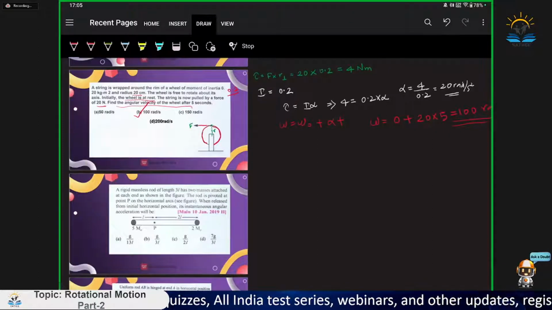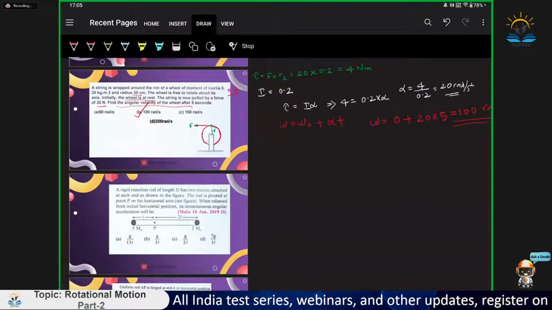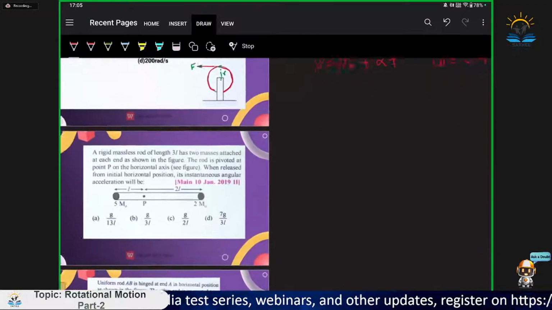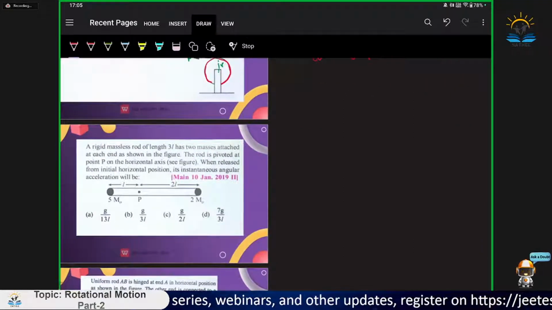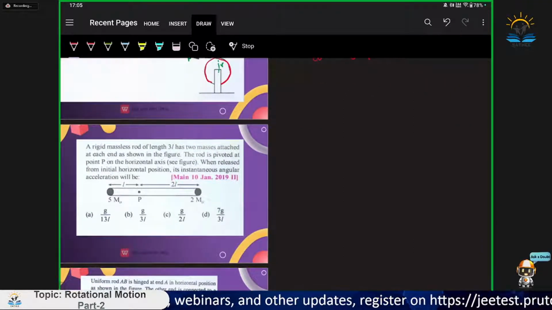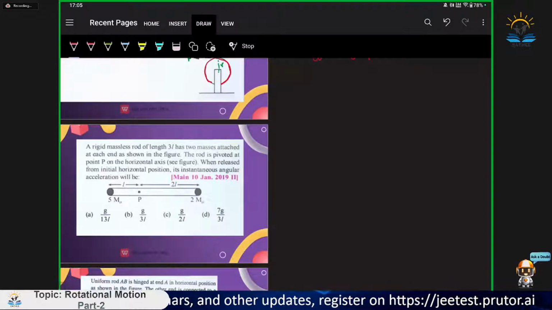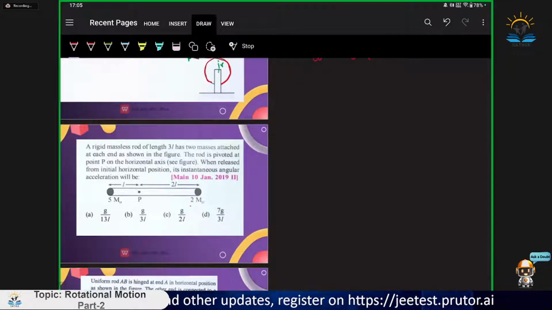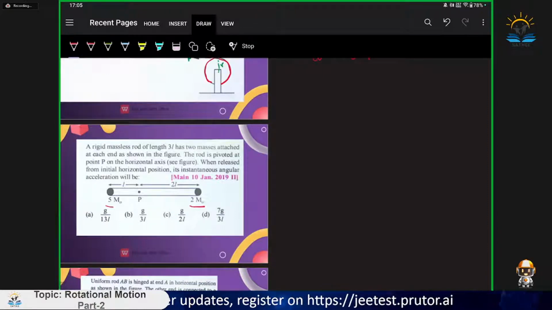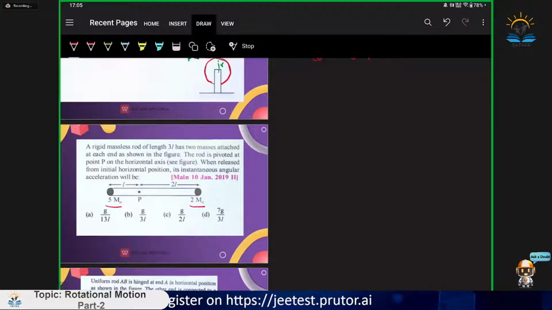Next, let's solve a previous year question. A rigid massless rod of length 3L has two masses attached at each end as shown in the figure. 2m0 here, 5m0 here. The rod is pivoted at point P on the horizontal axis.